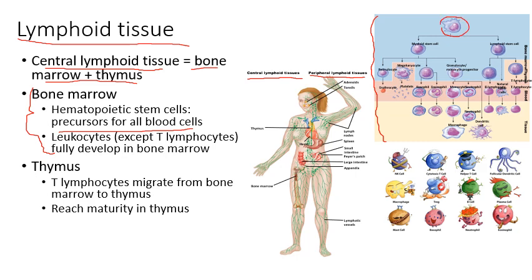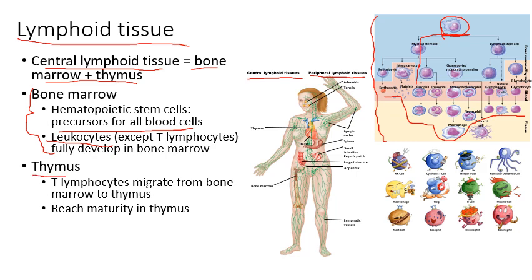We have a stem cell, and you can see the blood cells that make up the immune system and the red blood cells, these are all made in the bone marrow. Okay, so the bone marrow is central because it's making the cells that are actually going to operate the immune system. Okay, those leukocytes.